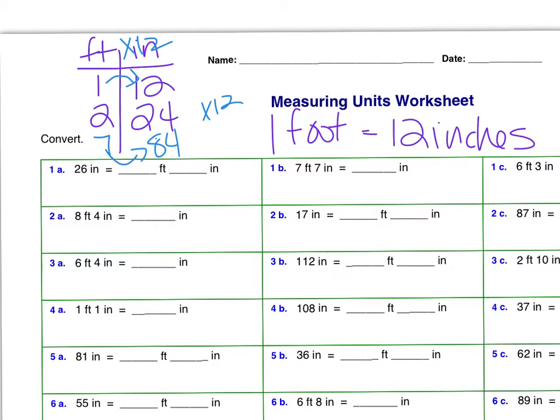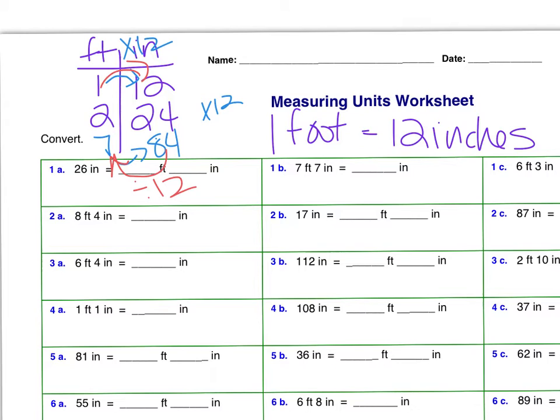So it sort of makes sense if I'm going the other direction. If I wanted to go from 84 inches back to feet, it would make sense that if I multiplied going this way, I would divide going this way. So a little chart helps you kind of figure those things out.